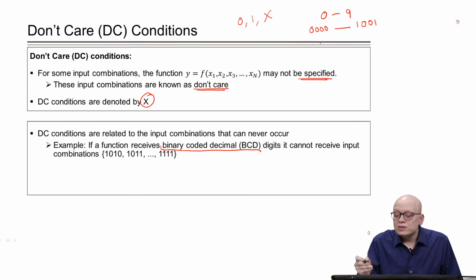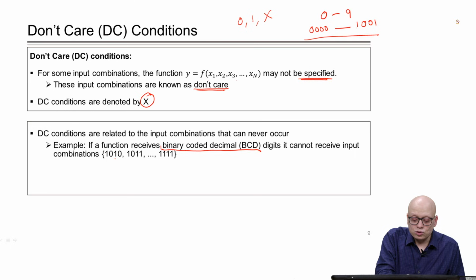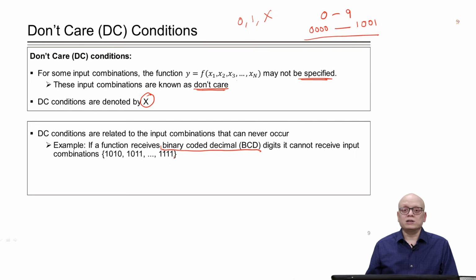The other possible values after 1 0 0 1, like 1 0 1 0, 1 0 1 1, up to 1 1 1 1, are not possible in binary coded decimal representation of a number.